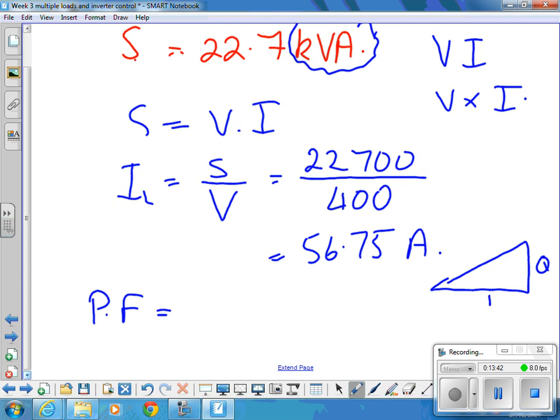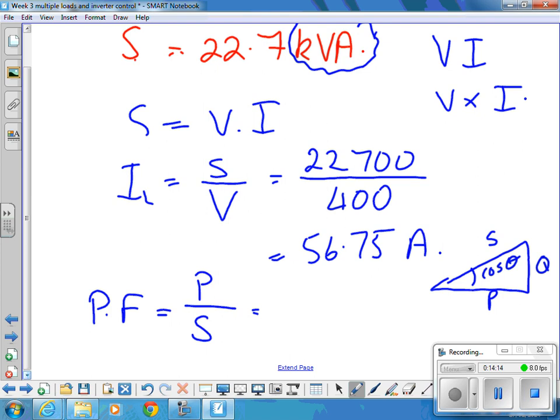There's Q, P, and S, and the power factor is the cos of that angle. So therefore it is what? Yeah, it's the adjacent side, P, over the hypotenuse S, the power over the apparent power.